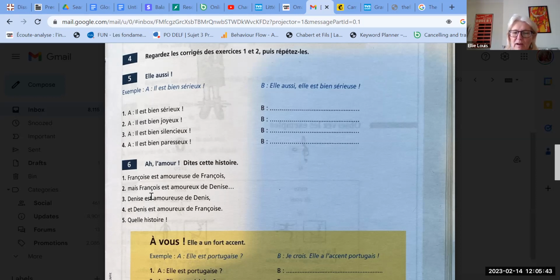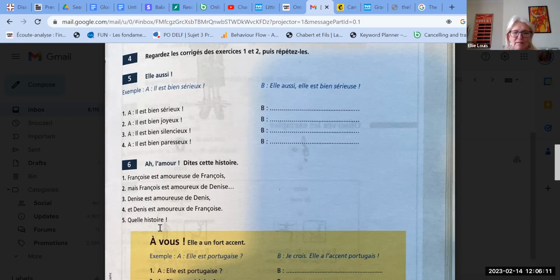Mais François est amoureux de Denise. And the next one? Denise, so still Z-y. Denise est amoureuse de Denis. Et Denis est amoureux de Françoise.